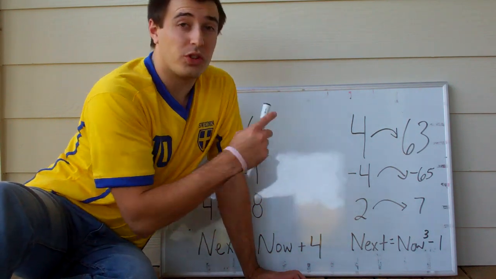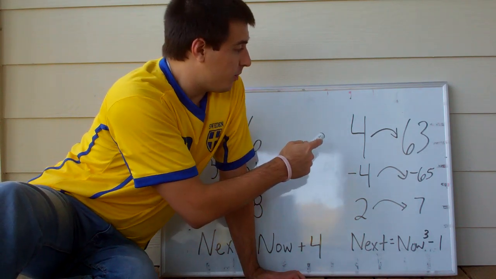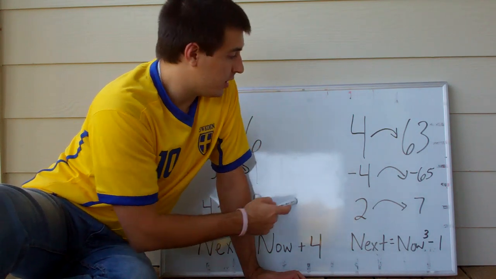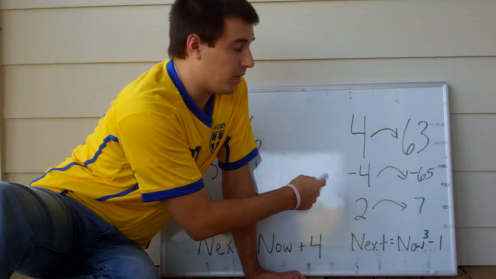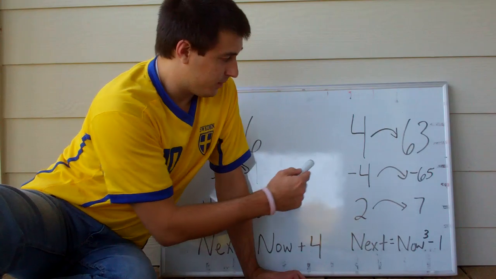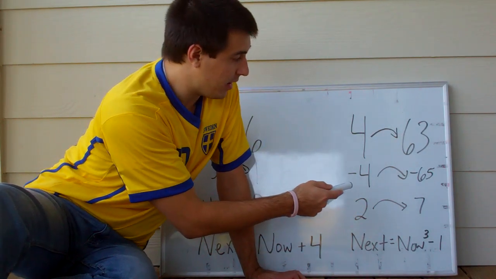So I know that 4 cubed is 64. So right off the bat I notice that if it's 64 and 1 is 1, but if I notice this one right here, if I have negative 4 cubed, it's still going to be negative 64 minus 1, and then 2 cubed would be 8, 8 minus 1 would be 7.